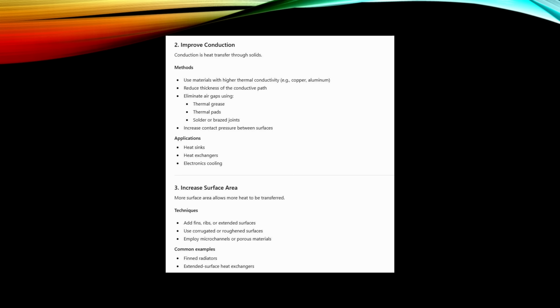One good way to improve heat transfer is to improve conduction. Conduction means heat transfer through solids. Materials like copper and aluminium have much better thermal conductivity compared to, for example, steel. Another good way is to use minimum thickness of conductive materials.